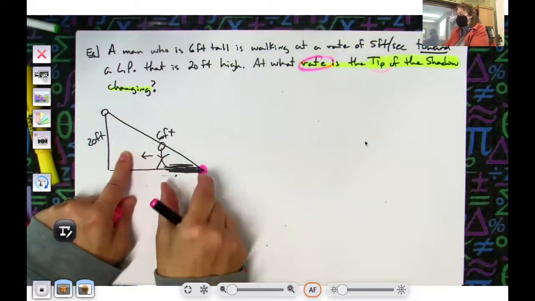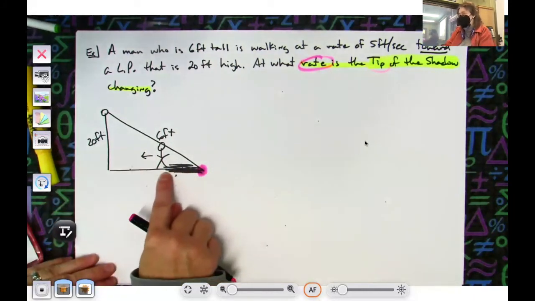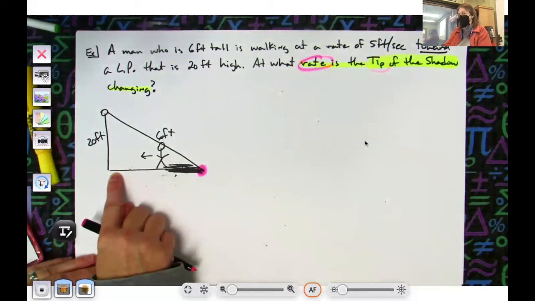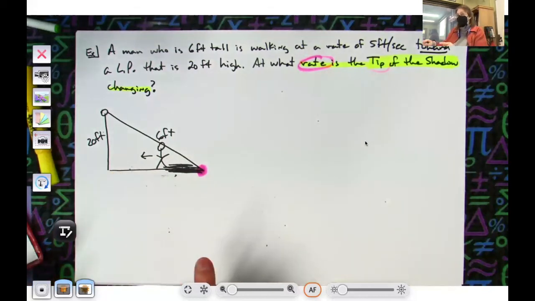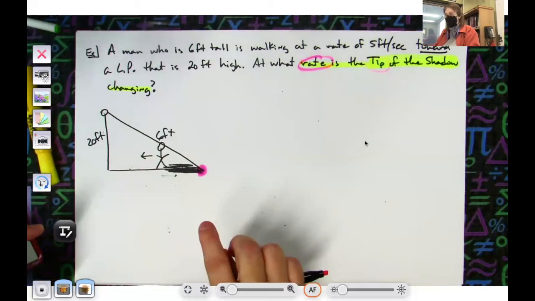The shadow's going to be changing, but that tip will be moving this way. You're not concerned with this distance, you're concerned with this distance. I'm concerned with the hypotenuse, the z side instead of the x or y side.